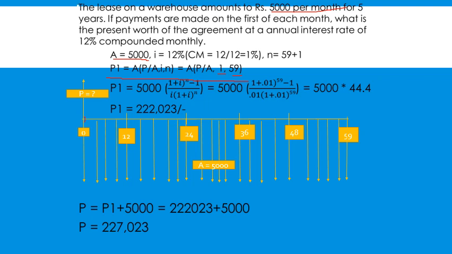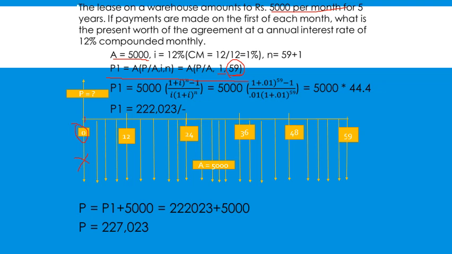So the cash flow at time 0 is not considered here. There are totally 60 cash flows. If I discard this first cash flow that is happening on the 0th month, how many cash flows remain? 59 cash flows remain. That is why n will be 59. I hope I am clear over here.